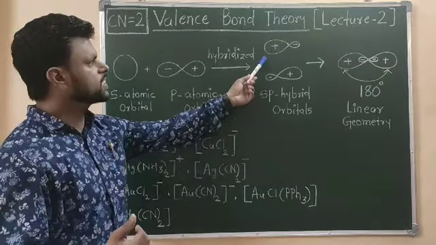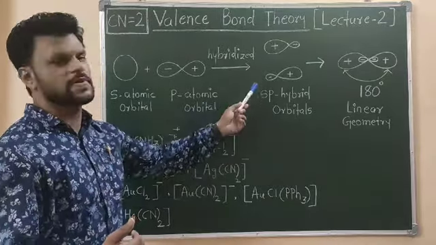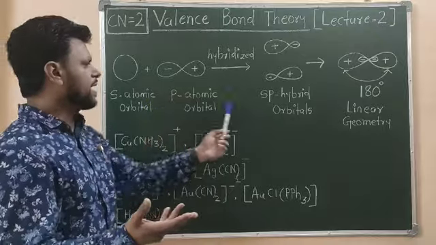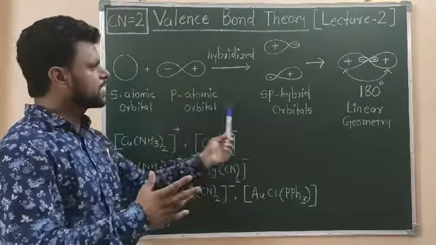You can observe the shape here. Both sp hybrid orbitals have equivalent energy and nearly the same shape. If I take a pure atomic orbital, s is spherical in nature and p is dumbbell shaped, and if I compare these pure atomic orbitals with the sp hybrid orbitals, you will realize that the shape and energy are completely different.